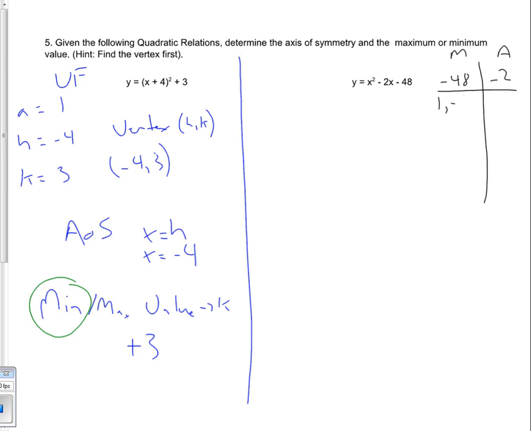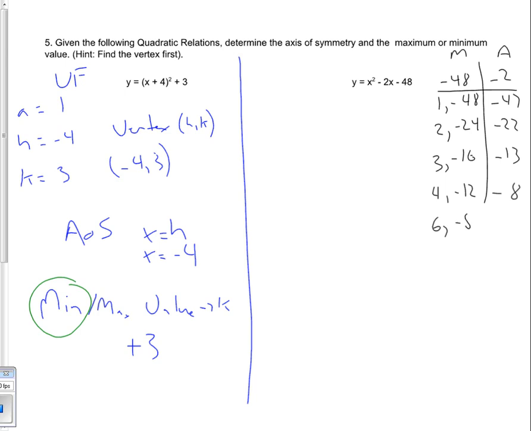So 1 and -48 adds to -47. 2 and -24 multiplies to -48 but adds to -22. -48 divided by 3 would give me -16, but when I add those I get -13. 4 and -12, those add to give me -8. 48 is not divisible evenly by 5.